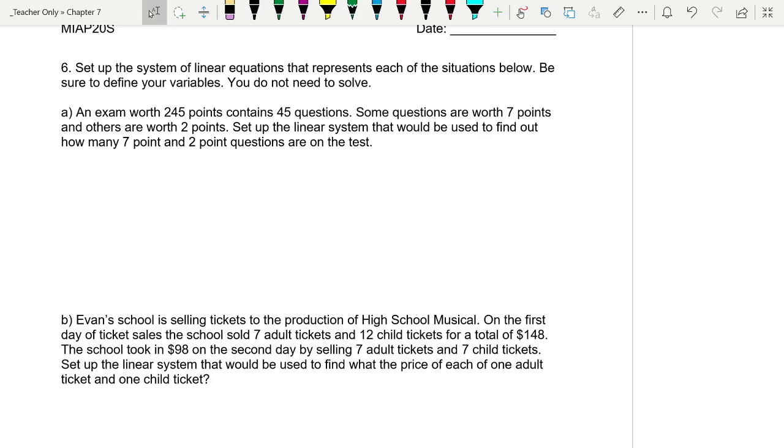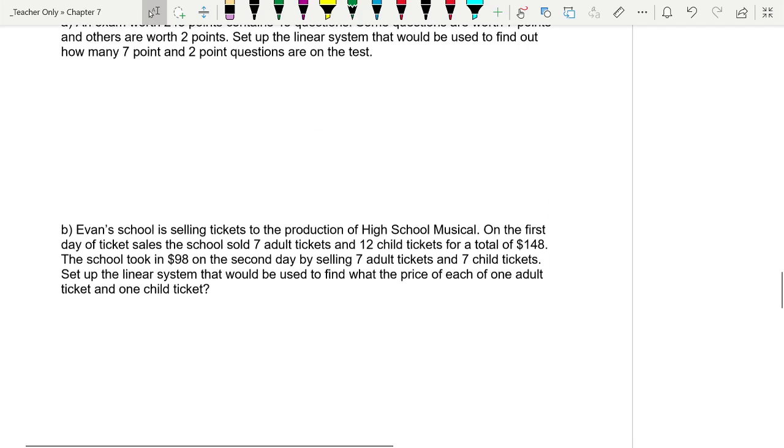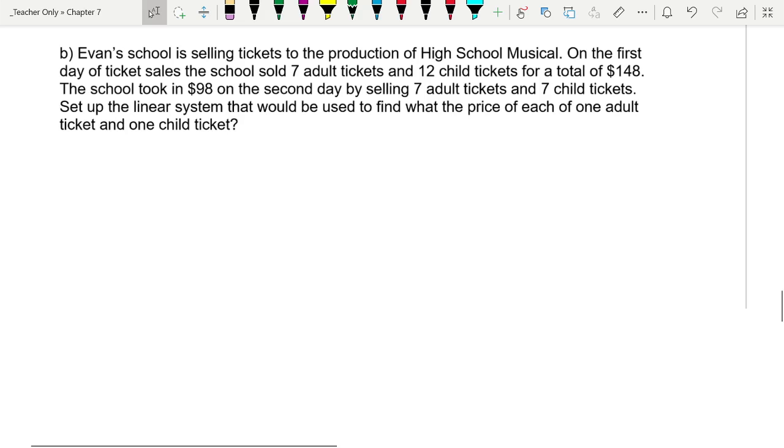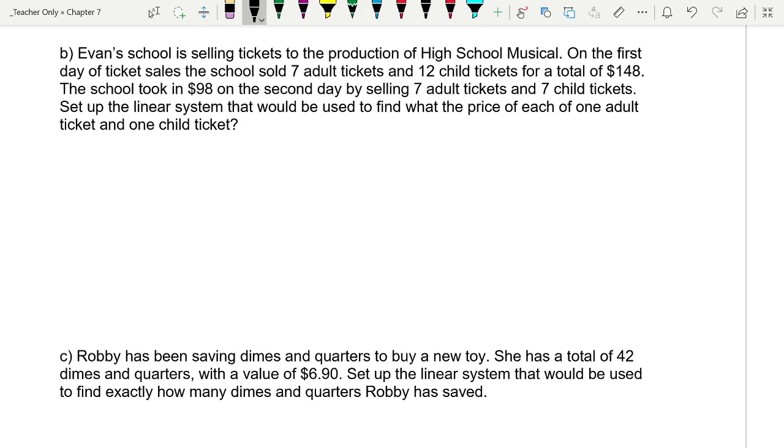Let's pick one of them. Let's do the B one. Evan's school is selling tickets to the production of High School Musical. On the first day of ticket sales, the school sold 7 adult tickets and 12 children's tickets for a total of $148. The school took in $98 on the second day by selling 7 adult tickets and 7 child tickets.